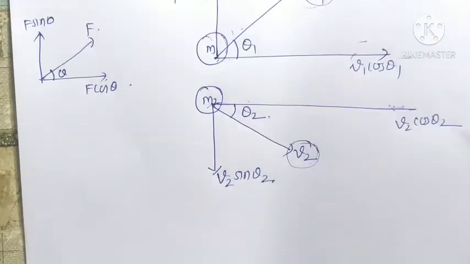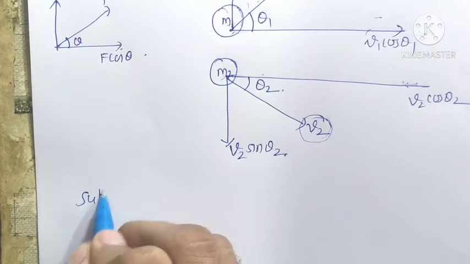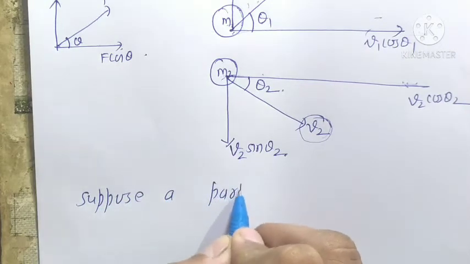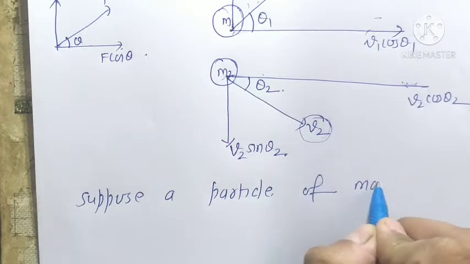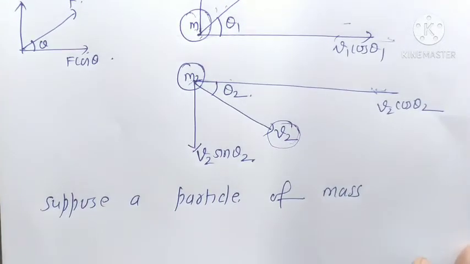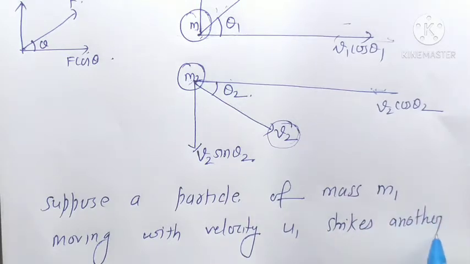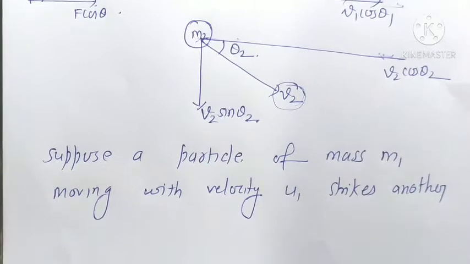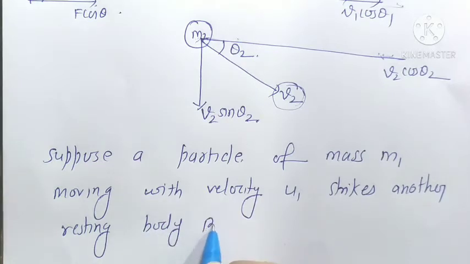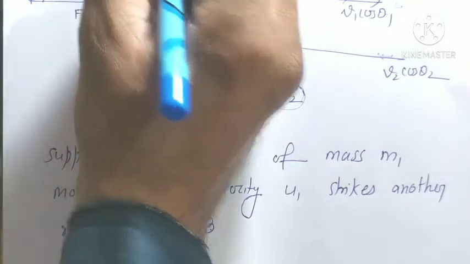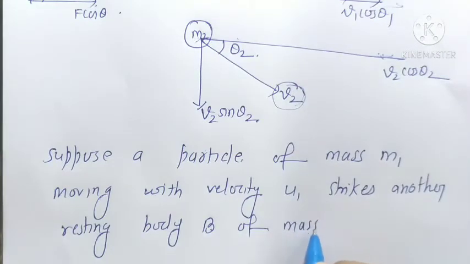So we can write here, suppose a particle of mass m1 moving with velocity u1 strikes another resting body B. This is body A and this is body B of mass m2.